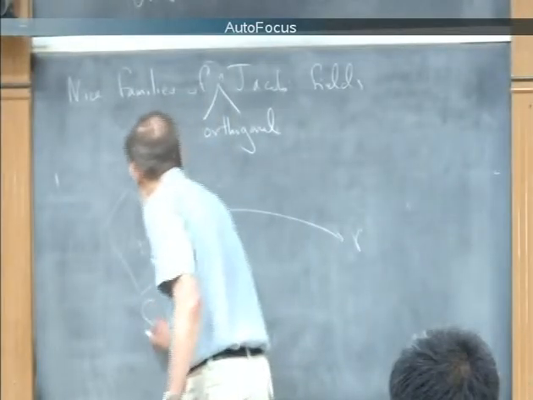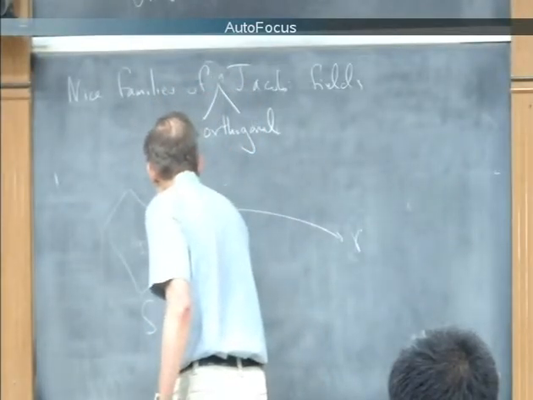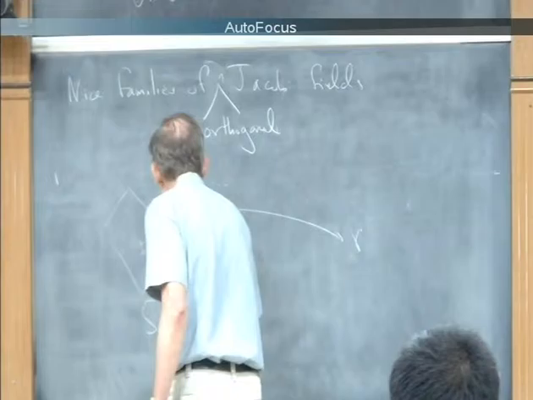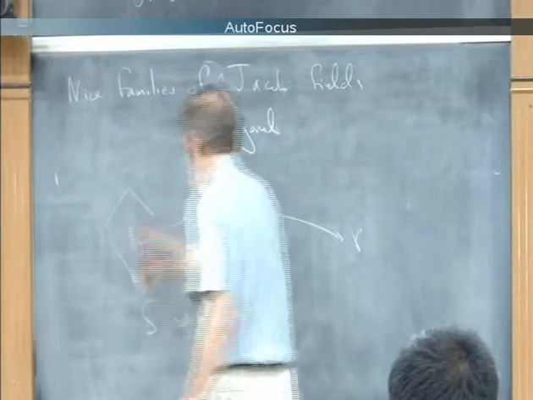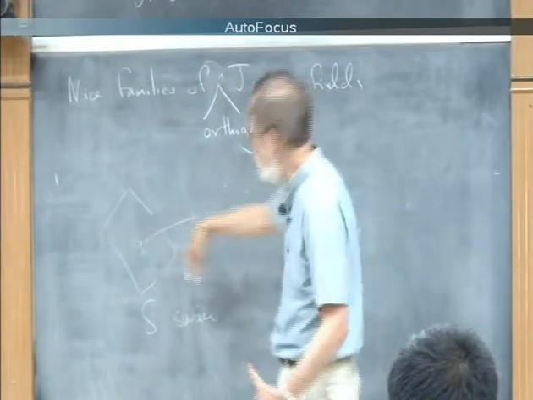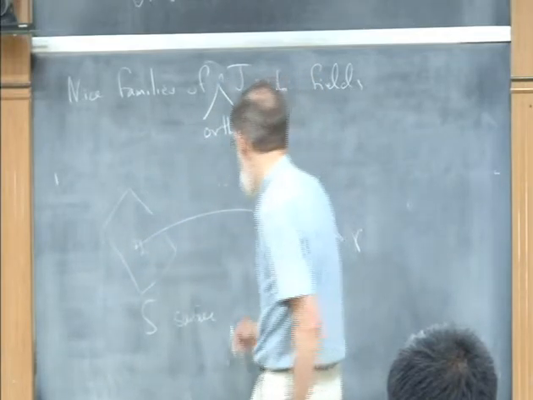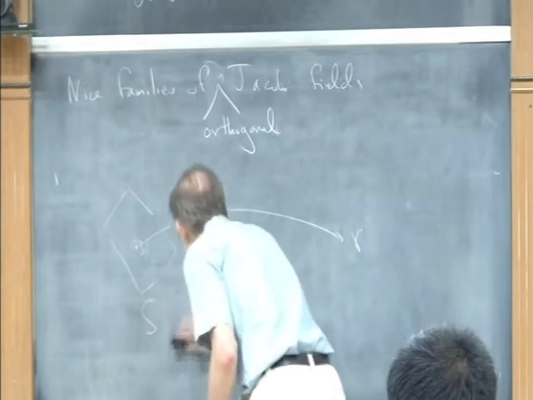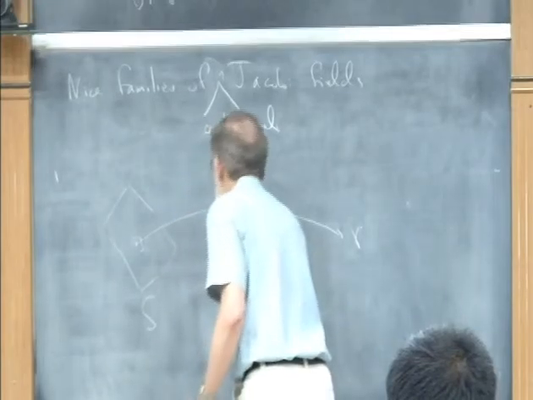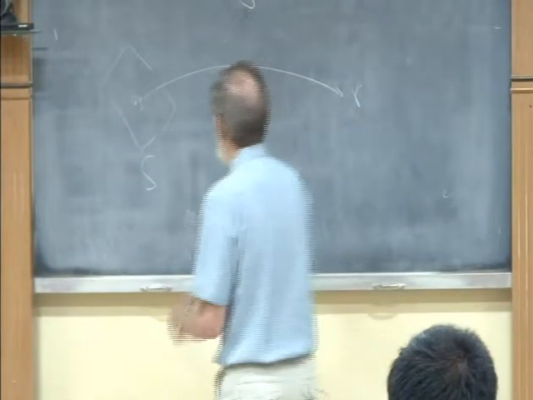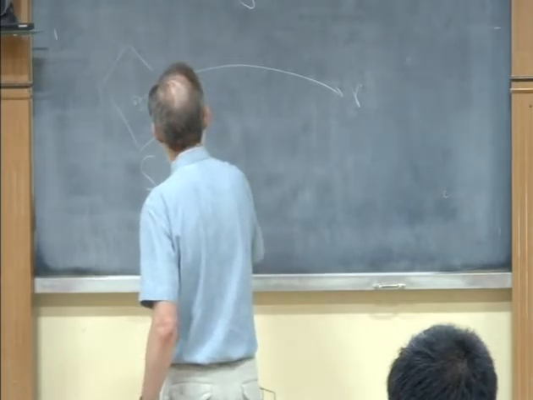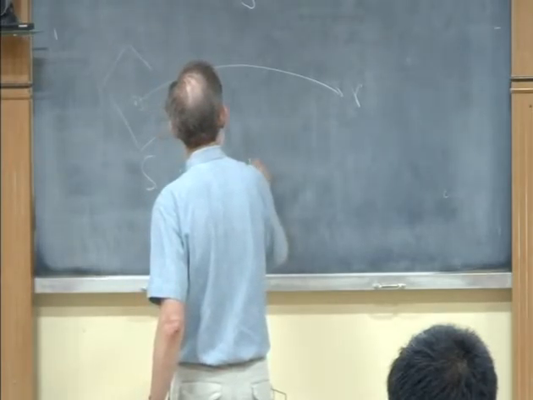I really only need the germ of the surface, a small piece of surface around the point on the geodesic. So it's a surface orthogonal to gamma.